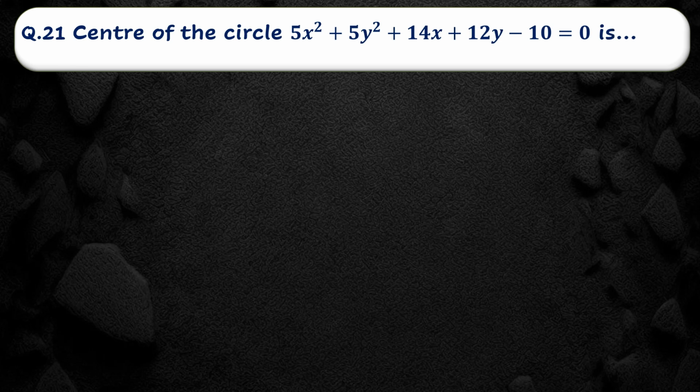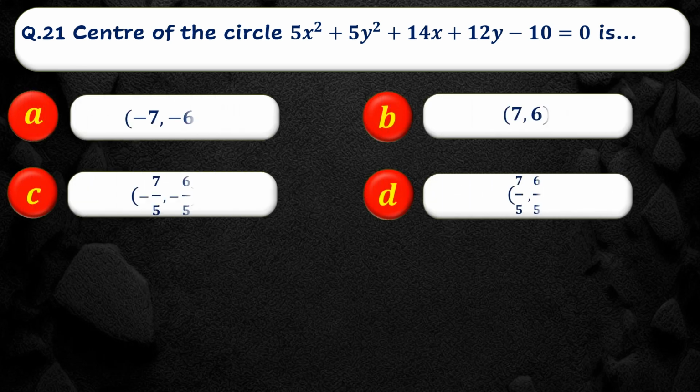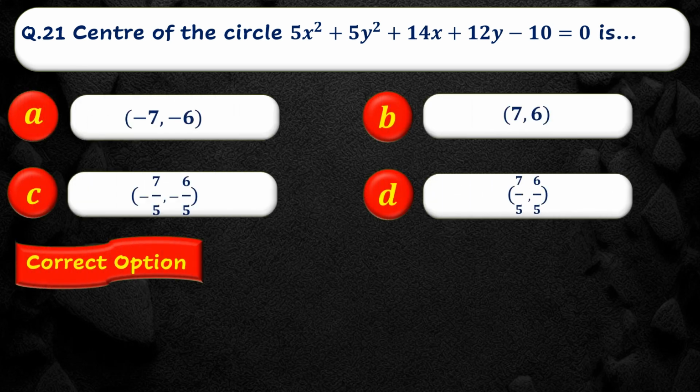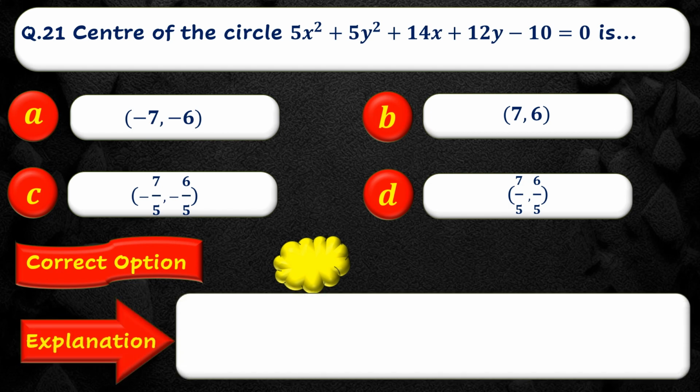Question number 21. The center of the circle is, and the options are. Let's check out which one is the correct option. Here, the equation of the circle is 5x² + 5y² + 14x + 12y − 12 = 0. This is not in general form.